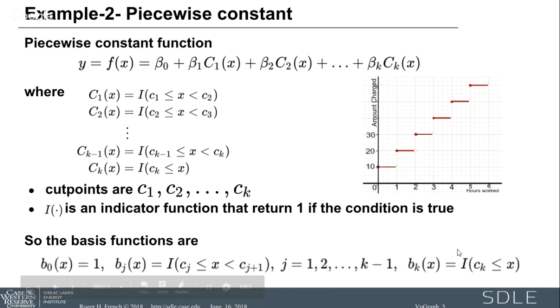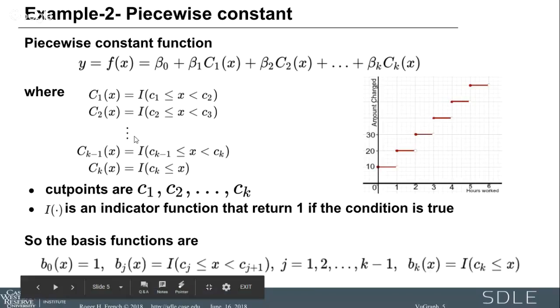The second example is piecewise constants. A piecewise constant function looks like what this figure shows, and it is also called a step function. Each indicator function C1 to CK returns 1 if the condition is true, which means we have cut points c1 to cK.